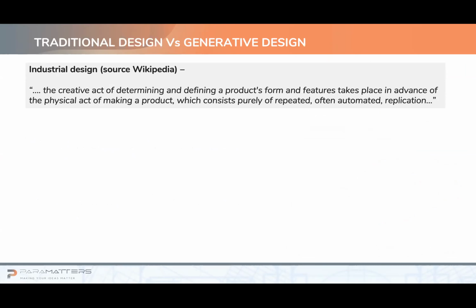All right, so let's talk about design. First of all, what is design? I looked at the Wikipedia formulation. Basically, design is a creative act of determining product form, taking place in advance of manufacturing, of the physical act of making the product. So first of all, we need to create this form.